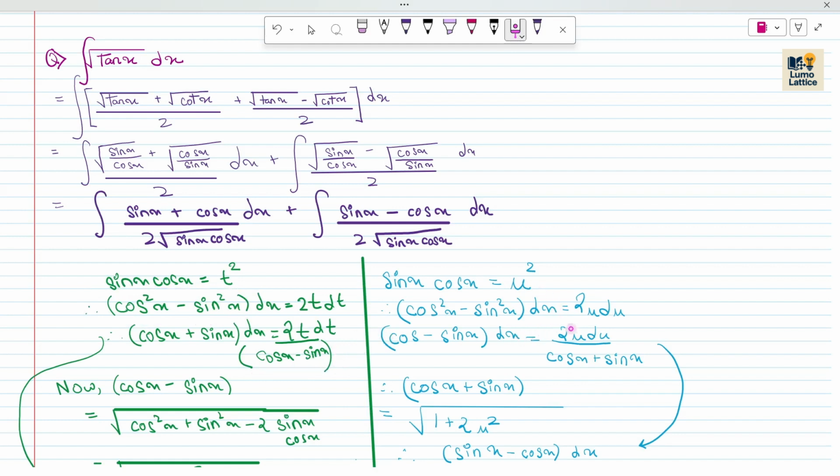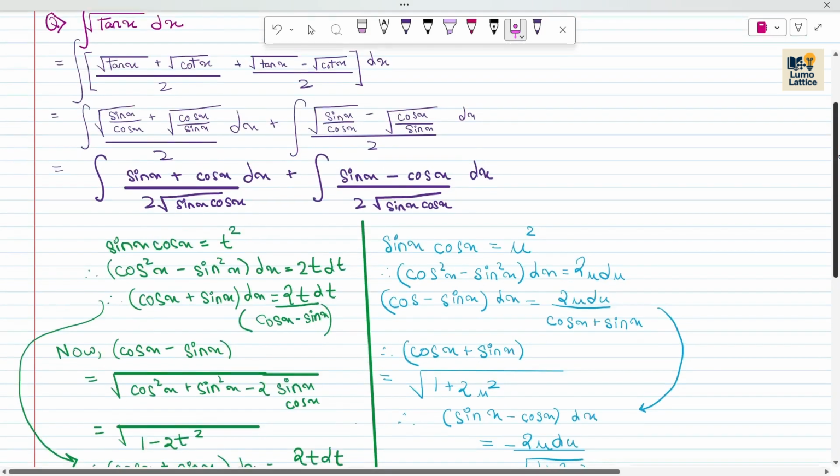We do the same thing for the other side, but here we divide the equation by cos x plus sin x. So why this change? Because here in the numerator we have sin x plus cos x dx, and on the other side we have sin x minus cos x. That is why we have divided the derivative by cos x minus sin x and cos x plus sin x on the respective sides.